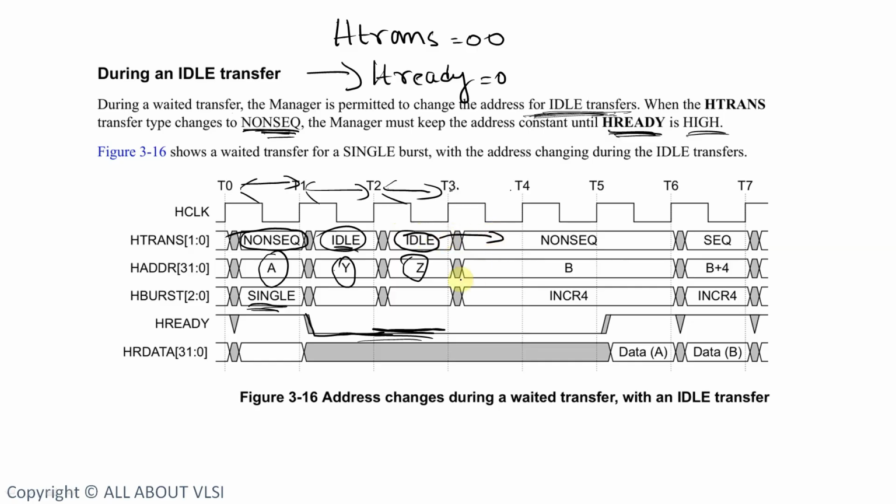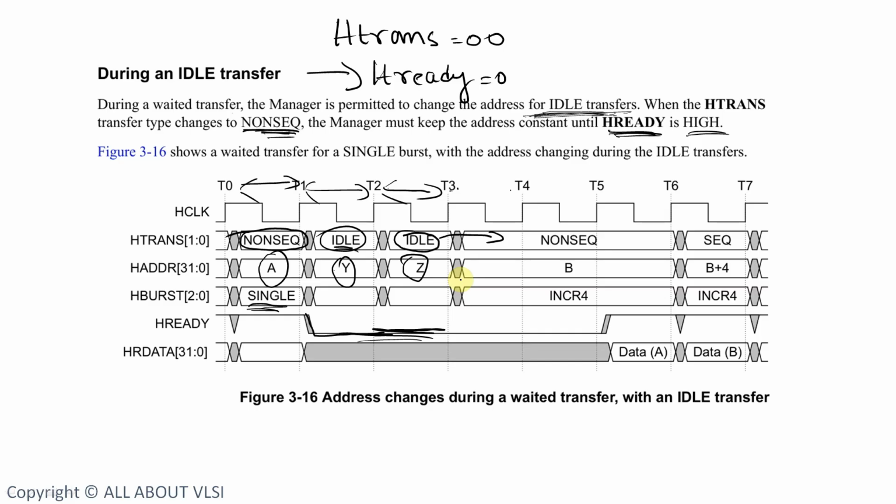Here is one more point to remember: whenever HREADY is equal to 0, the master is allowed to change the transfer type from idle to non-sequential. So this is one more rule.